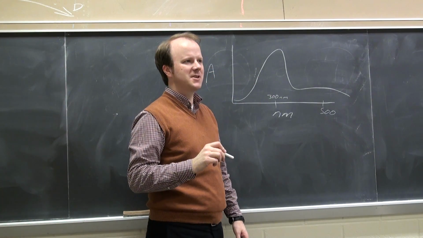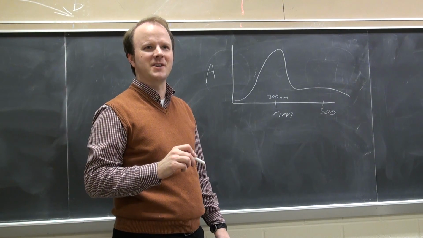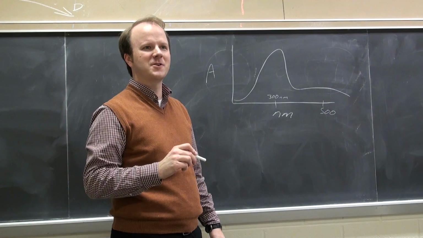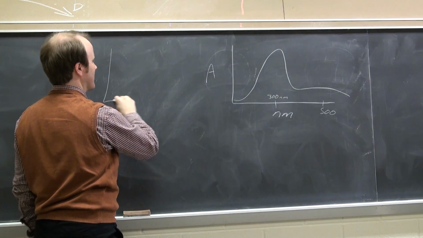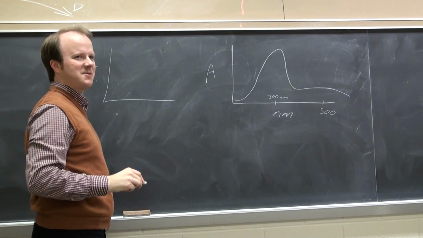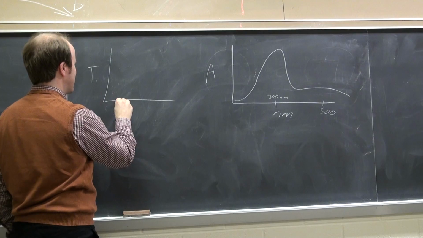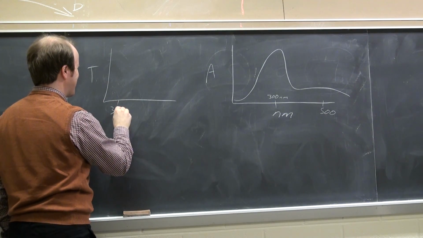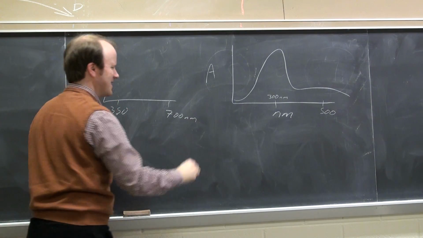What does the transmission spectrum of window glass look like in the visible range? First, what's the visible range? Colors that we can see. Yeah, so give it to me in nanometers, the colors you can see. 350 to 700 nanometers.